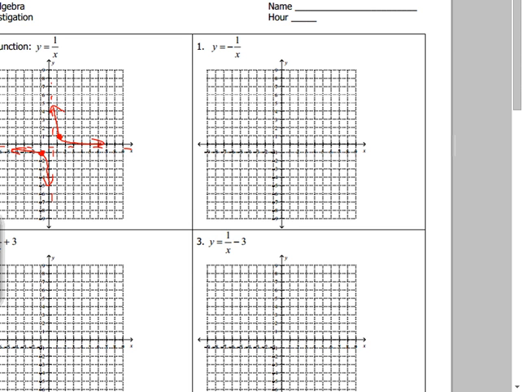Now this one, it's got a negative in front. You're going to flip it. Ooh, that gets a little weird. So this part right here that gets flipped, is that an up-down flip or a left-right flip? Up-down. So if it's up-down, it goes down there.